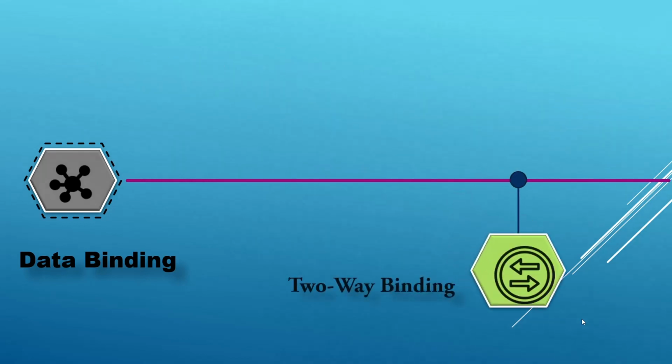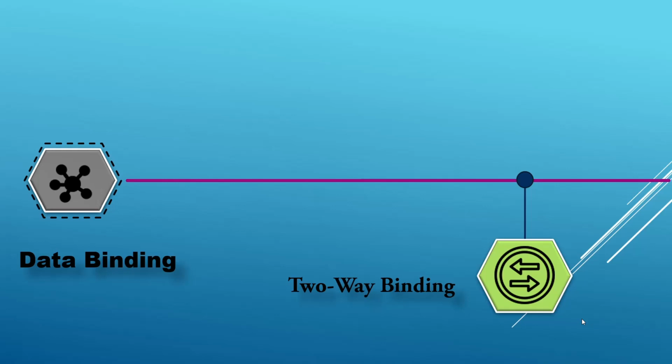And then next we have two-way data binding. So how can we do this two-way data binding? By using square brackets and round brackets together. Let's say you have a login page, and there you will have a username. Whatever you have typed needs to go to the TS file, and whenever you change any variable value, it also needs to show on the HTML file.